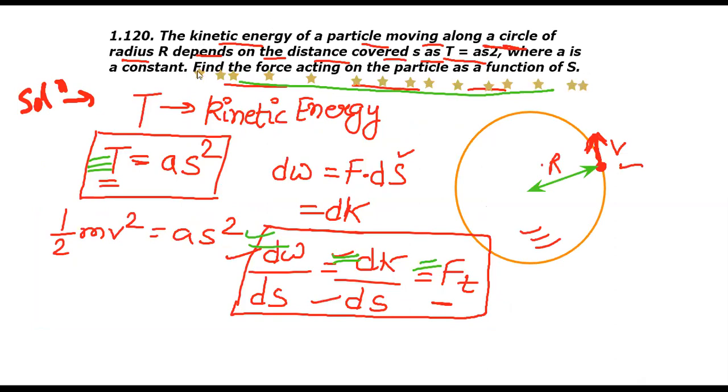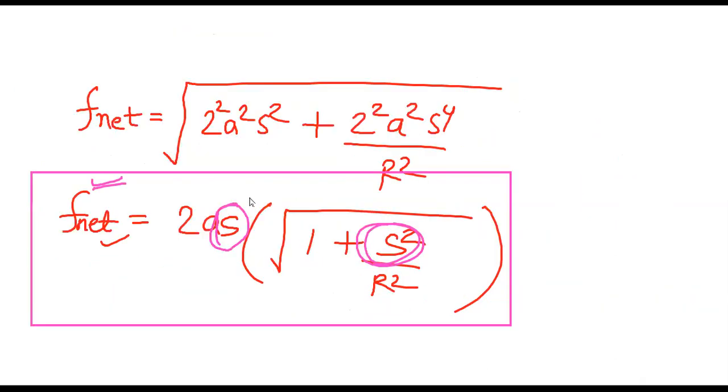We got the force acting on the particle as a function of s. This is the total force acting on the particle in circular motion, and it is a function of s and s square. So this is the answer.